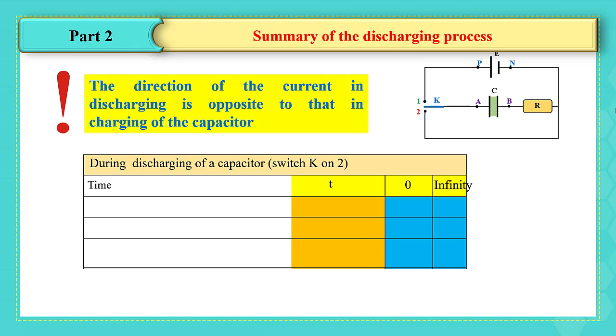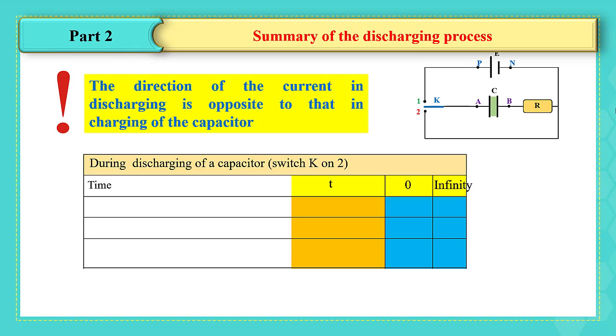Why? We have said in the previous animation that the positive pole of the generator is connected to the positive plate of the capacitor, and the negative pole of the generator to the negative plate of the capacitor. In the charging process, the generator determines the direction of the current inside the circuit. The current moves from plus to minus.